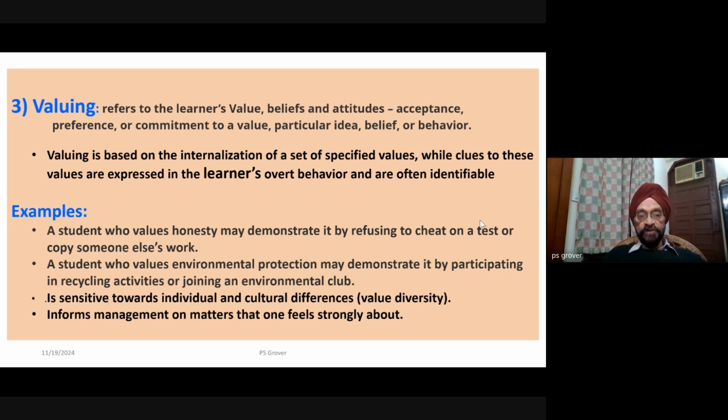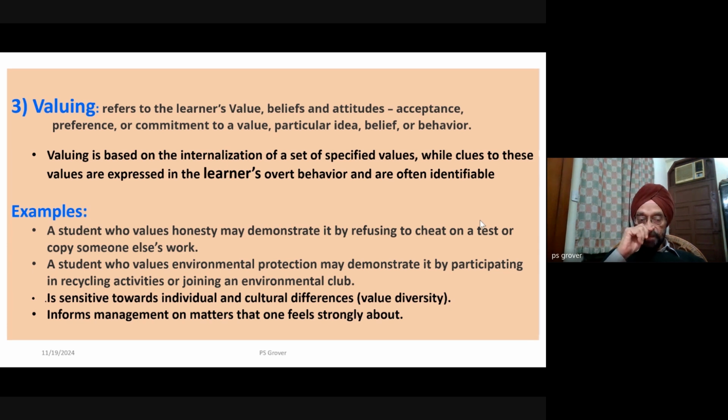The student responds. Valuing refers to the learner's values, beliefs, and attitudes. What does he give importance to, like honesty, caring for someone, being helpful, being of use to someone in difficulty. So valuing refers to the learner's values, beliefs, and attitudes, acceptance, preference, or commitment to a value, a particular idea, etc. Valuing is based on internalization of specific values. It means the student has first learned that respecting is good, and whom to respect, and he is able to give value to that.